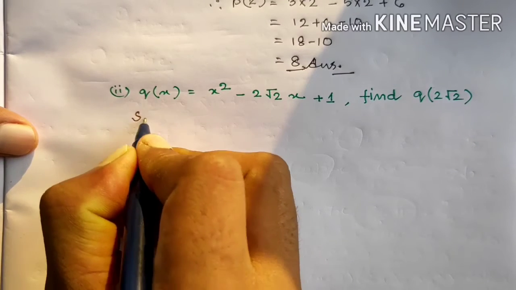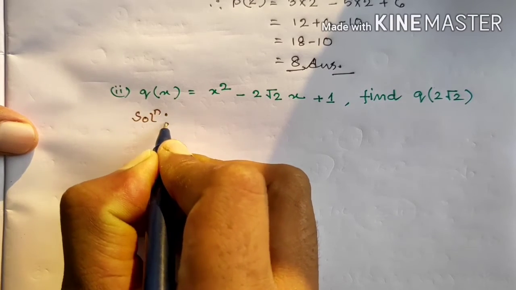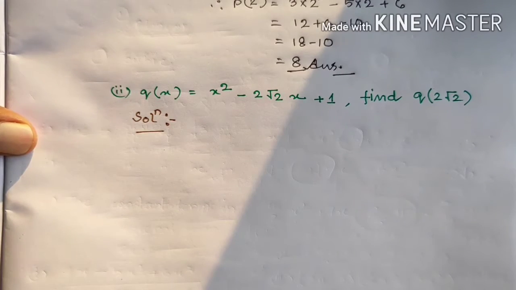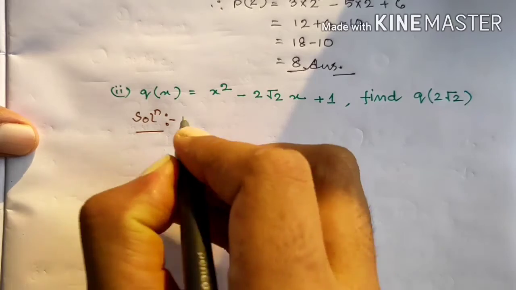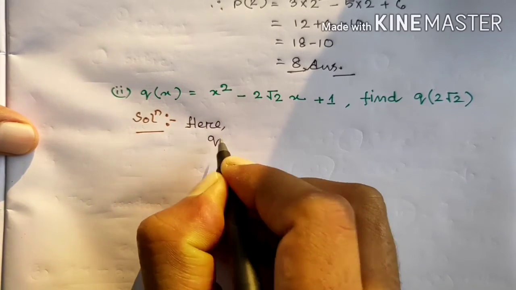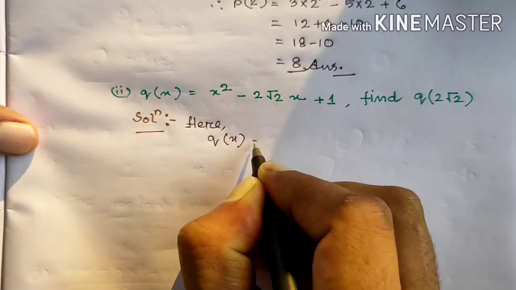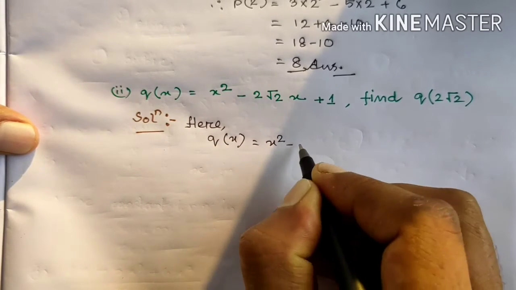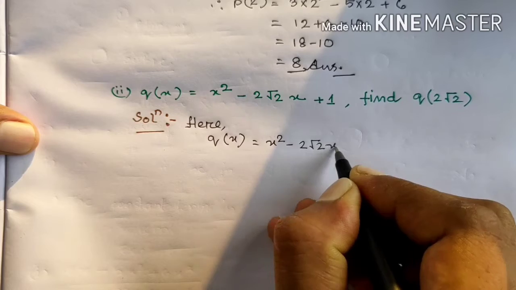Example number 2, q of x equal to x square minus 2 root 2 into x plus 1. Find q of 2 root 2. Here q of x equal to x square minus 2 root 2 into x plus 1.